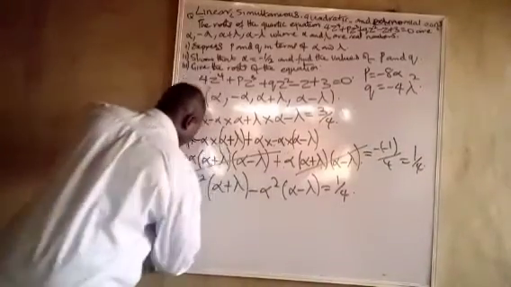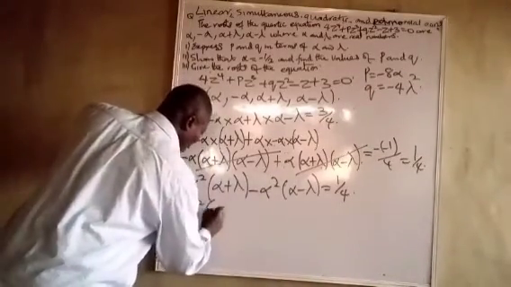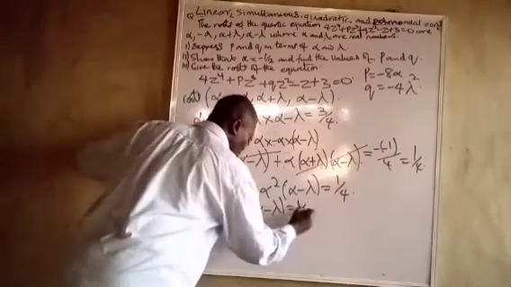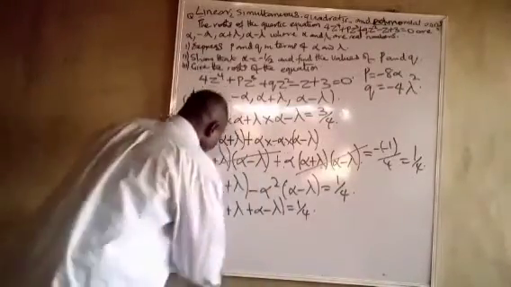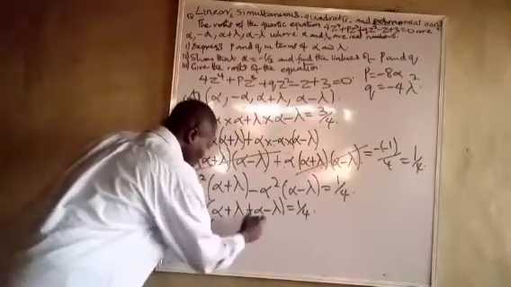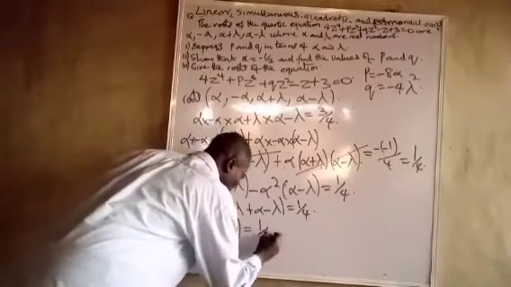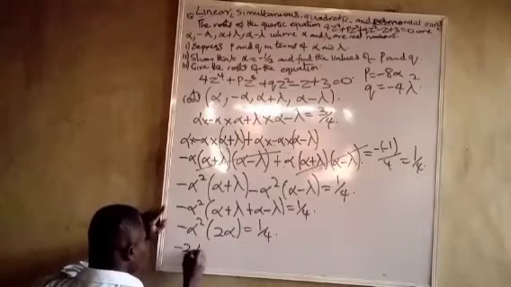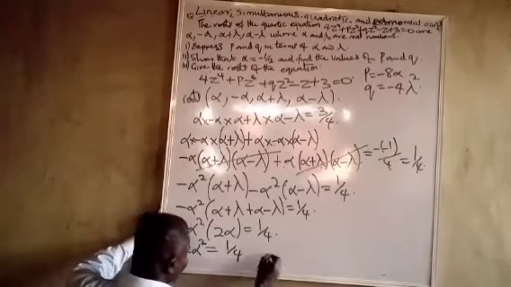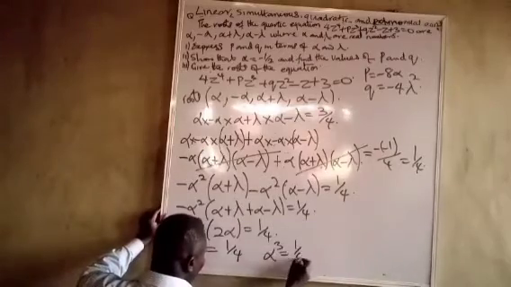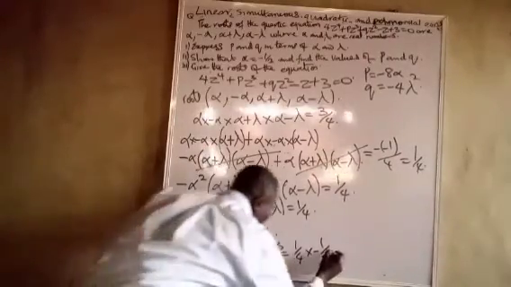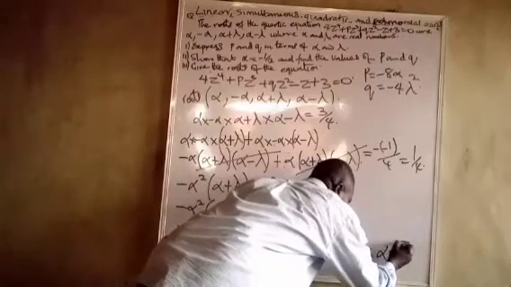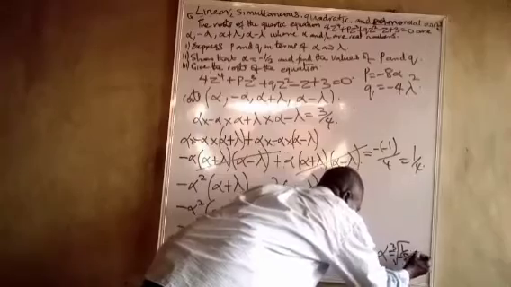Now, I can say minus alpha squared into alpha plus lambda plus alpha minus lambda is equal to 1 over 4. And this gives me minus alpha squared into 2 alpha is equal to 1 over 4. Therefore, minus 2 alpha cubed is equal to 1 over 4. So alpha cubed is equal to 1 over 4 times minus half, which is minus 1 over 8. Therefore, alpha is equal to the cube root of minus 1 over 8, which is minus half.